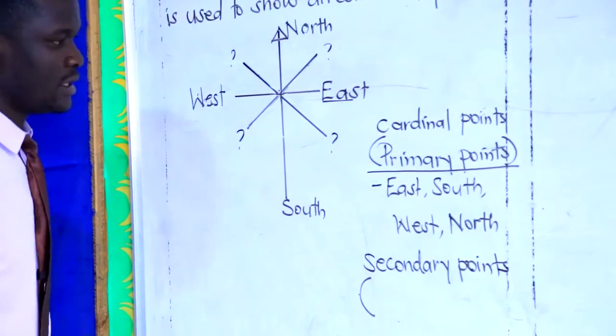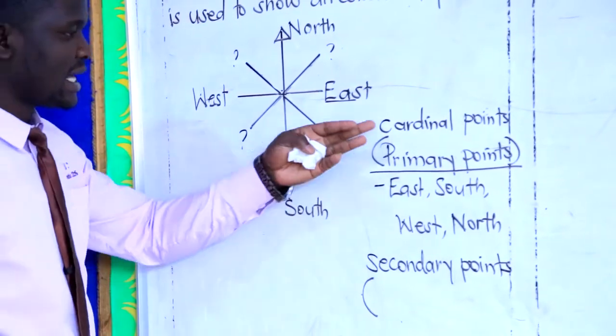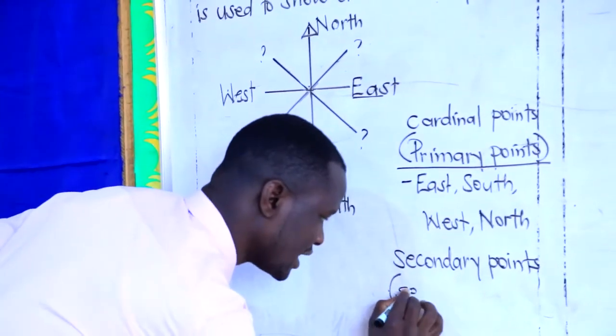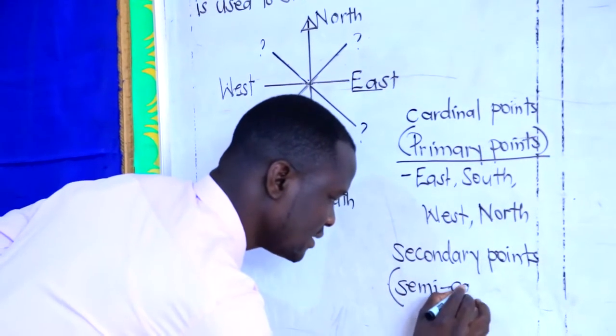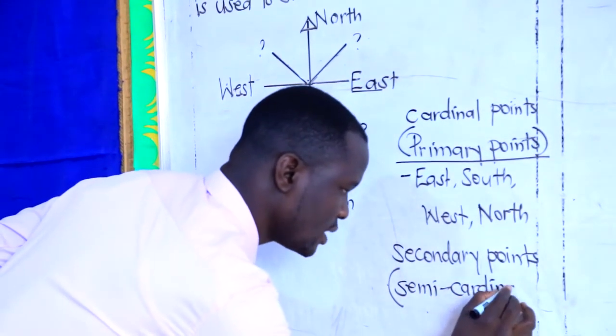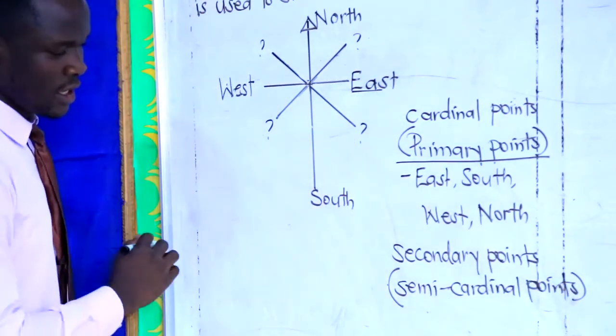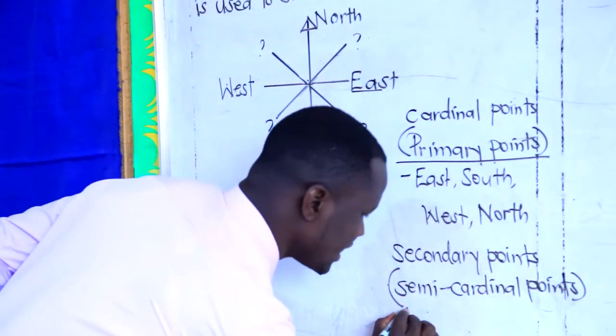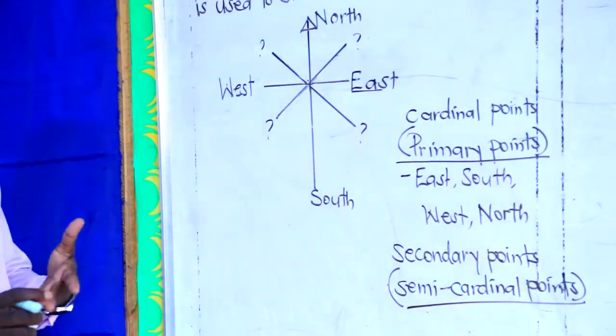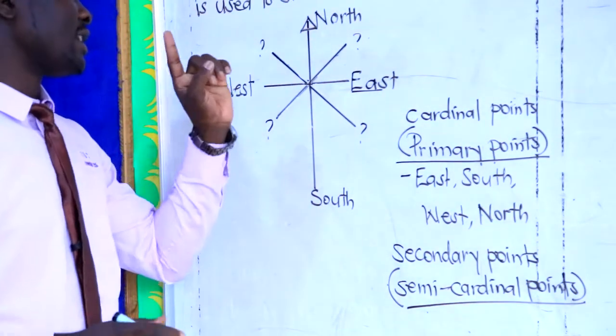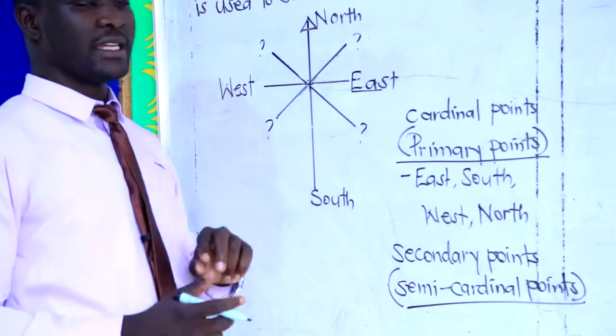Another name is semi-cardinal points. Don't get confused with these things. So the semi-cardinal points, we are going to baptize them. There is one which lies between north and east.